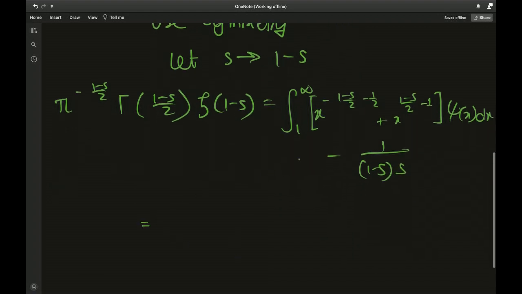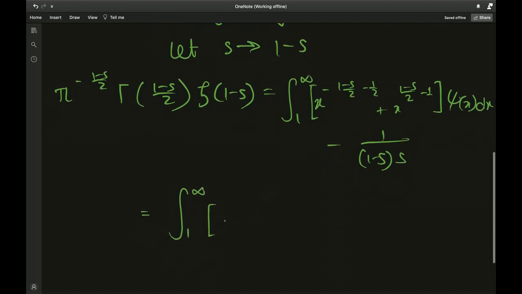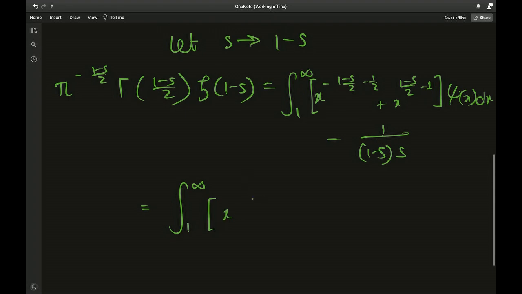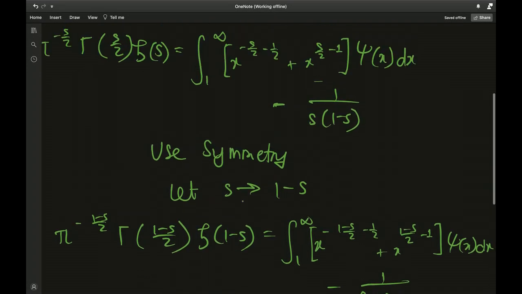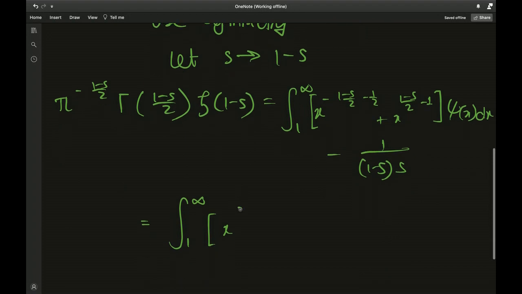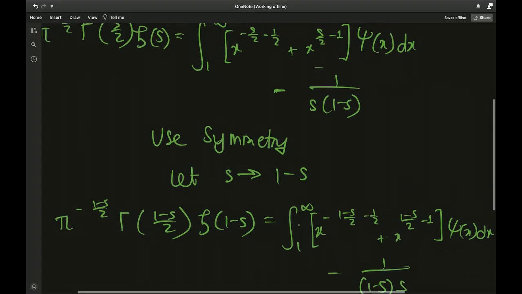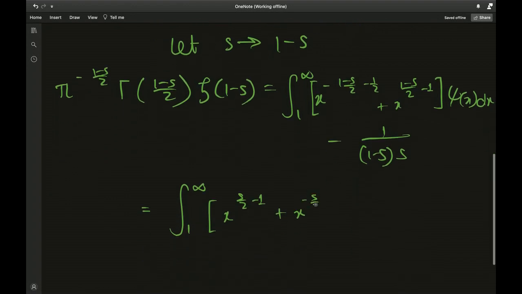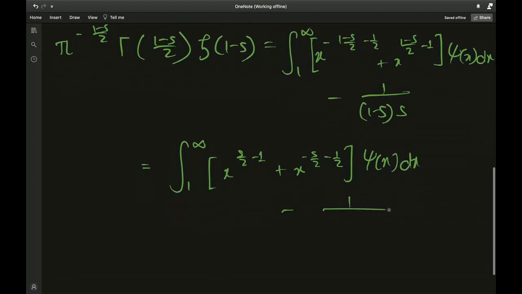And if you simplify the right hand side a little bit, integral from 1 to infinity, this guy will just become x to the s over 2 minus 1 plus x to the minus s over 2 minus half psi x dx minus 1 over s times 1 minus s.